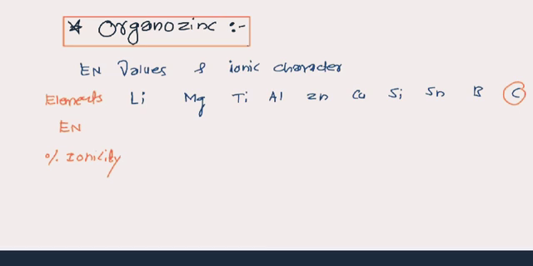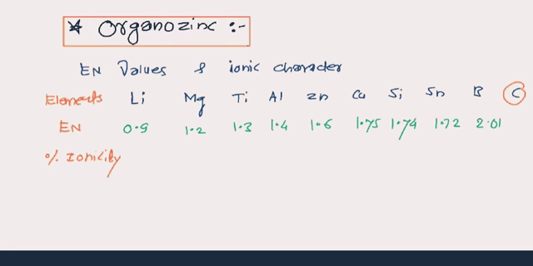Now what about the electronegativity of all these elements? Here it is 0.9, here 1.2, here 1.3, here 1.4, here 1.6, copper 1.75, silicon 1.74, Sn 1.72, boron 2.01 and carbon 2.5.